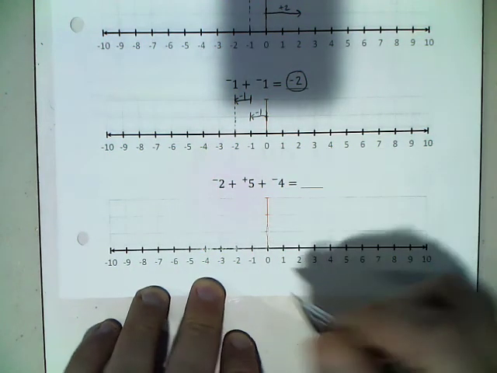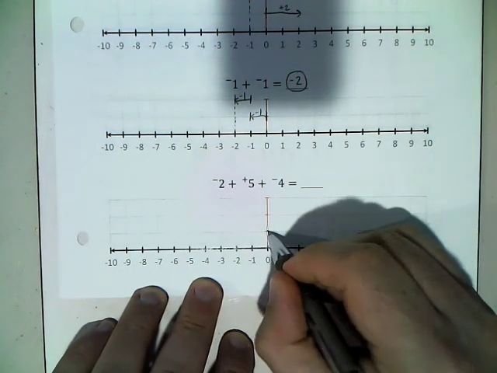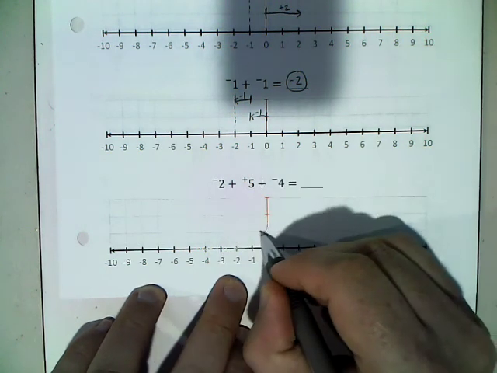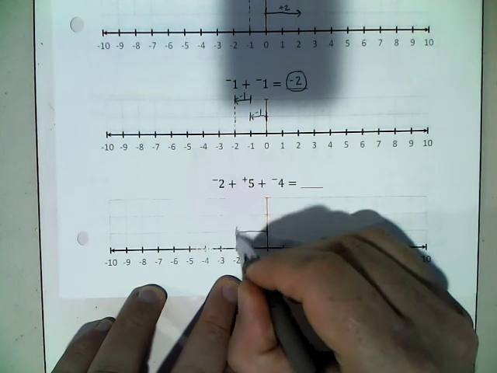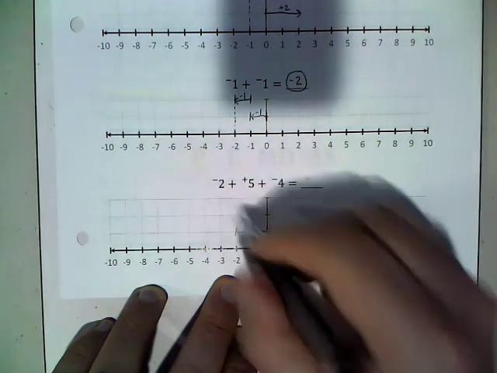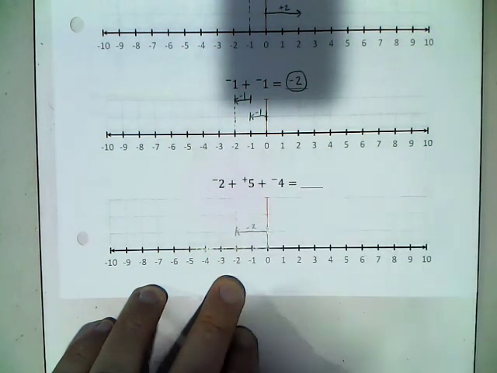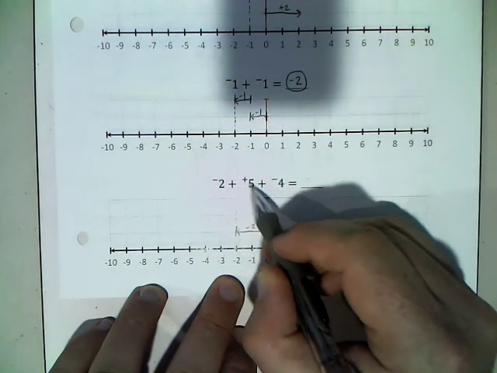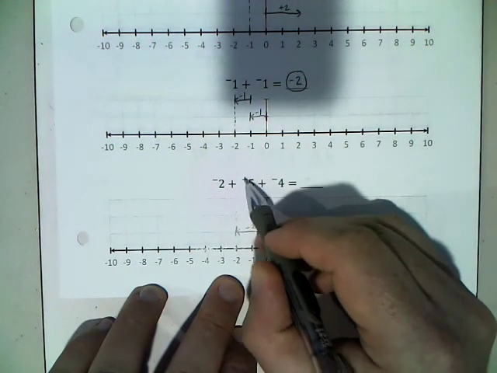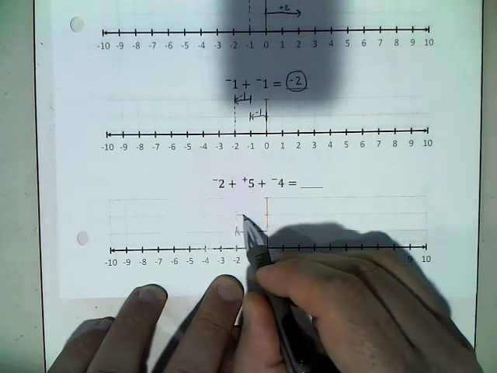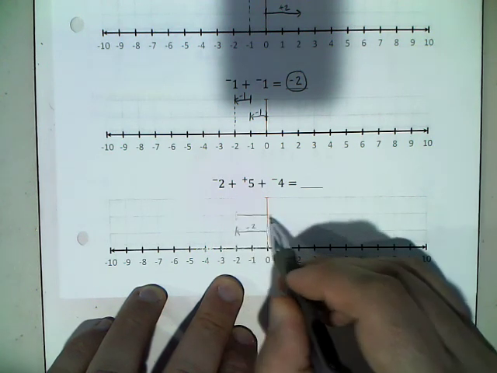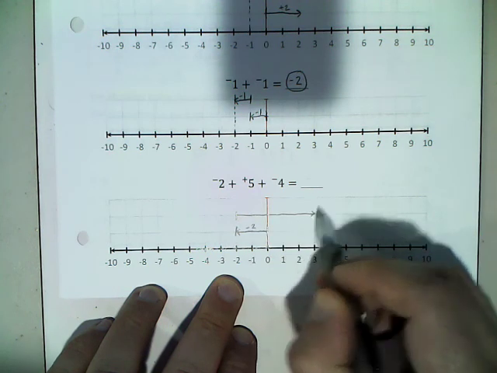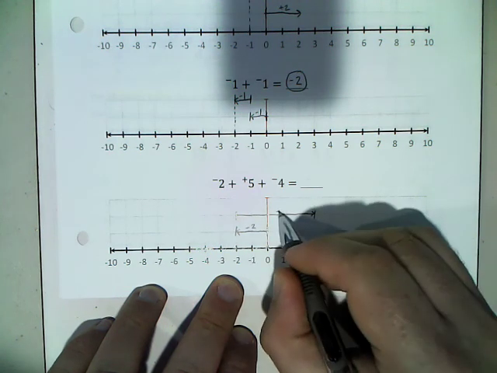Always start at 0. So 0, my -2 tells me to go 2 units, but take it to the left. So left 1, 2 units. That's my -2. Then the next number starts where the last number stopped. So my next number is a +5, so I'm going to go 5 units, but positive tells me to go to the right. So 1, 2 will take me back to 0, 3, 4, 5. That's my +5.